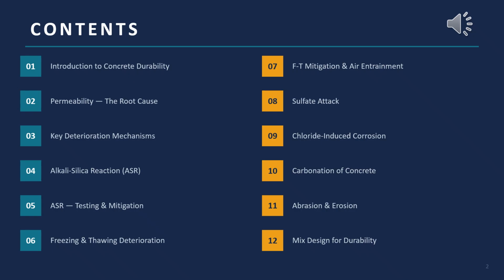After that, we cover sulfate attack, chloride corrosion, carbonation, and abrasion. The second half of the lecture focuses on what we actually do about these problems: mix design, concrete cover, curing, construction quality. We finish with a testing methods overview and a full ACI reference card. Please note that you don't need to memorize this structure now. Just keep it in the back of your mind as we go, so you can see where each topic fits into the bigger picture.